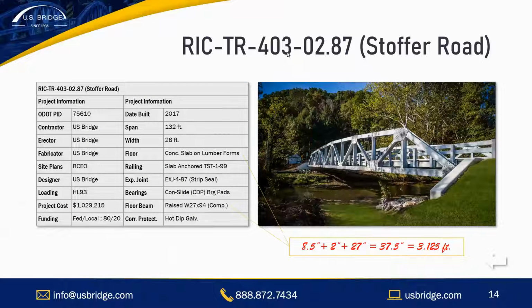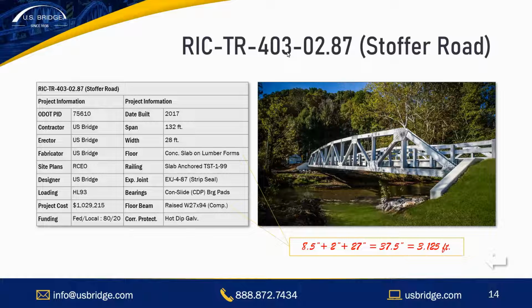So here we dive a little deeper into Richland County's Stouffer Road, a 132 foot by 28 foot galvanized steel truss bridge. It has a structure depth of 3.125 feet.